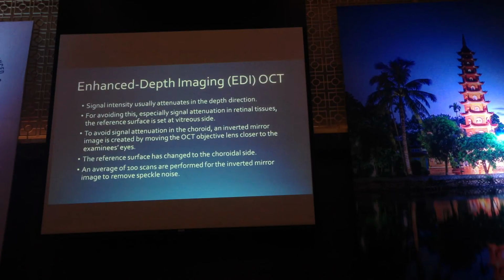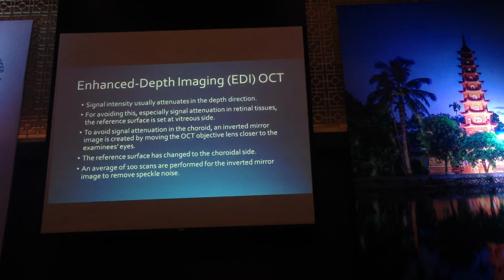I think Rich Fed is the first one who described this, and he's very smart. When you move the objective light closer to the patient's eye, you're going to get the inverted mirror image.